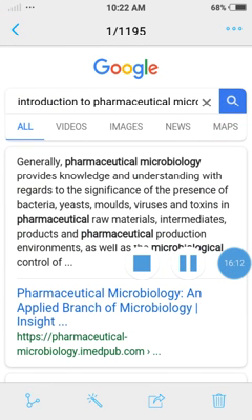Generally, pharmaceutical microbiology provides the knowledge and understanding with regard to the significance of the presence of bacteria, yeast, mold, viruses and toxins. It means it provides the knowledge and understanding of the different types of microorganisms in pharmaceutical raw material, intermediate products and pharmaceutical production.